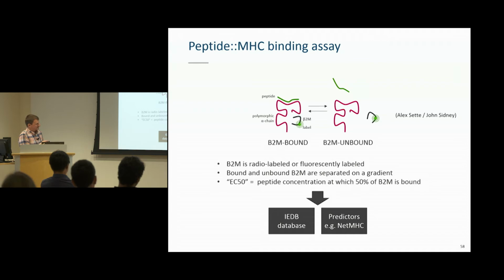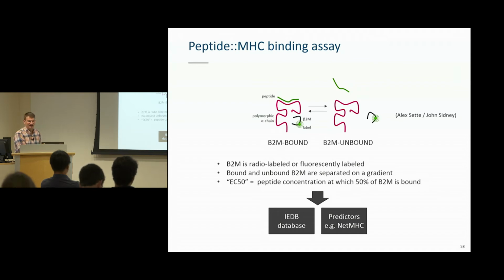And this experiment is relatively low throughput. However, it's been around for 20 years, so there's actually a fair amount of data that exists from this. That data is stored in a database called the Immune Epitope Database, IEDB, which we'll refer to quite a few times during this presentation. It's also used to build predictors, and the most famous predictor is one called NetMHC.